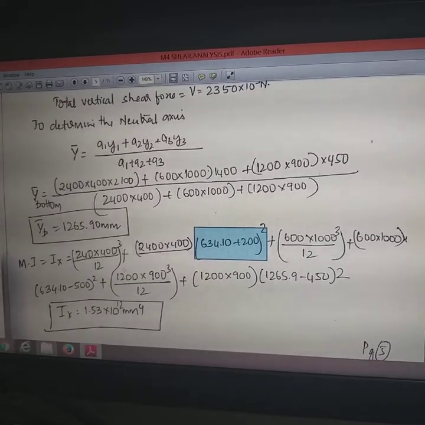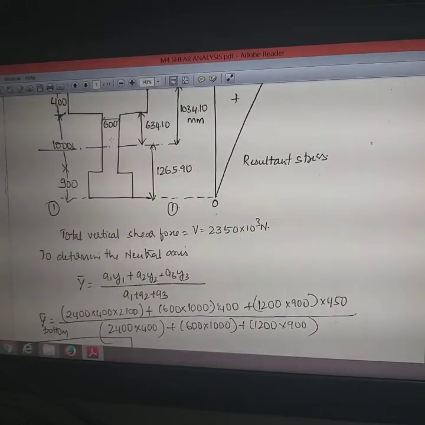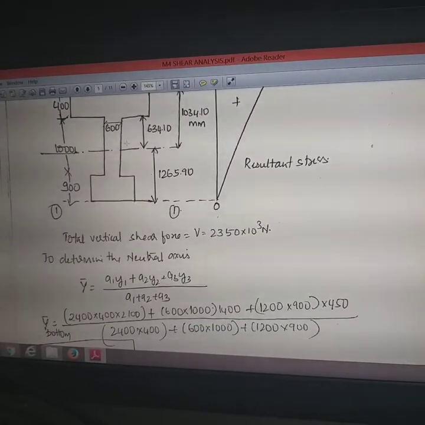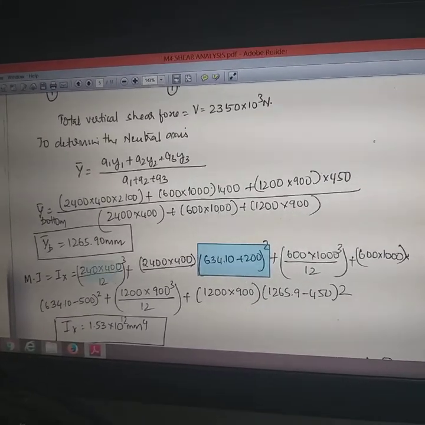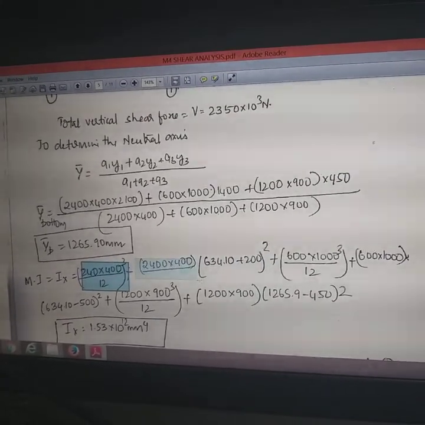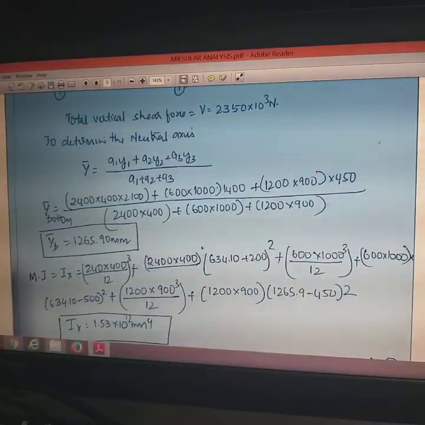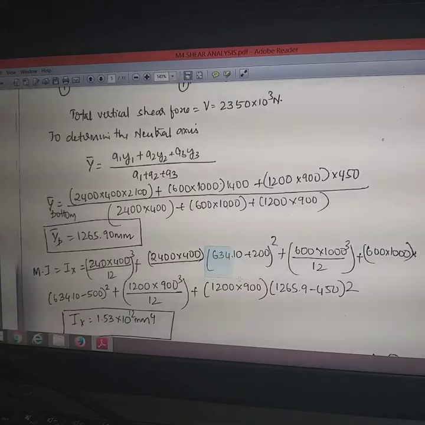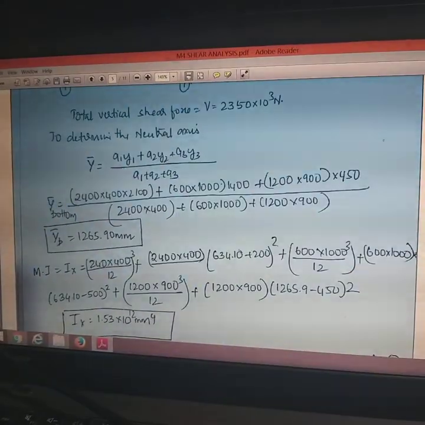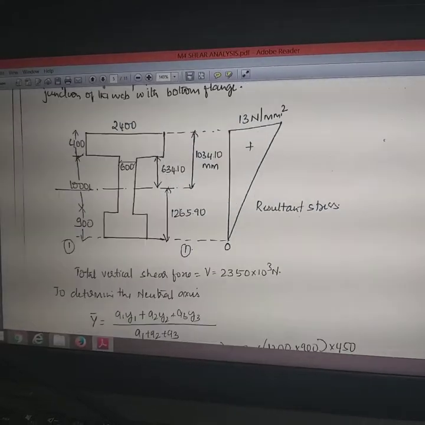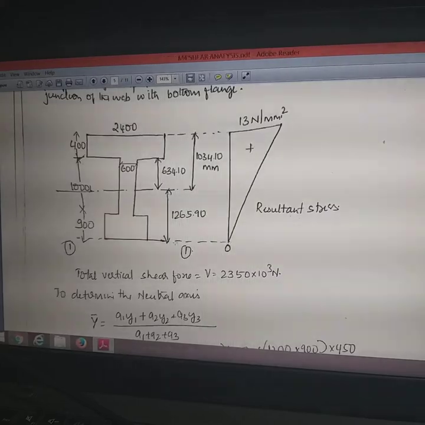We have split this I section into 3 rectangular components. The moment of inertia of a rectangular component is BD cube by 12 plus area, which is 2400 into 400, and H square, which is the square of the distance between the centroidal axis of the built-up section and the centroid of the considered section. So this is 1265, the depth of the neutral axis from the bottom.